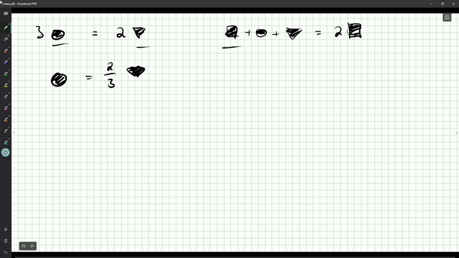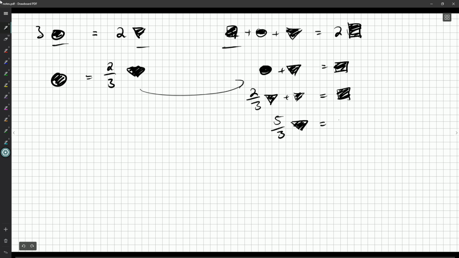Now we can subtract, as I sort of did earlier, a square from both sides, and we'll see that a circle and a triangle is one square. But now I know what a circle is. It's 2/3 of a triangle. And so now we can see that a square is going to be 5/3 of a triangle. And so now I know everything in terms of triangles.